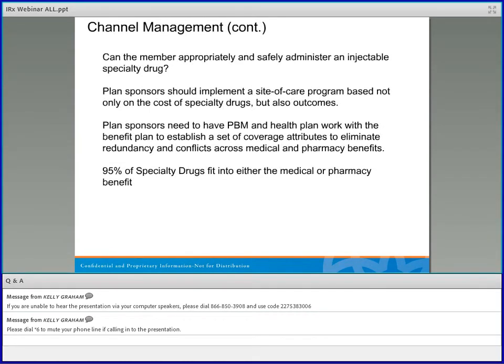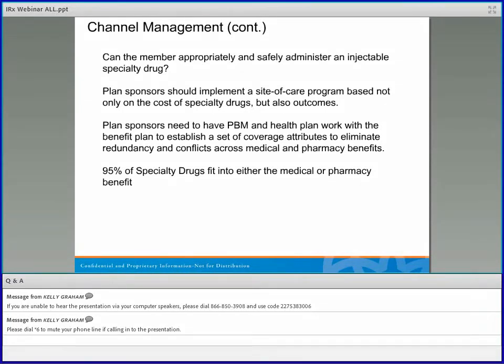The other thing is, do you put it as a part of your plan design? Say, for injectable drugs, okay, fine. If you have a specialty drug that's injectable, I'm willing as a part of the plan to let you go back to the doctor a couple times to get trained on how to inject that drug.